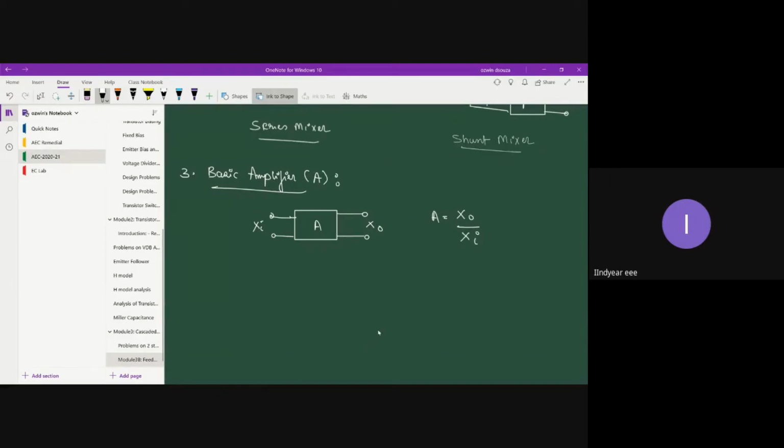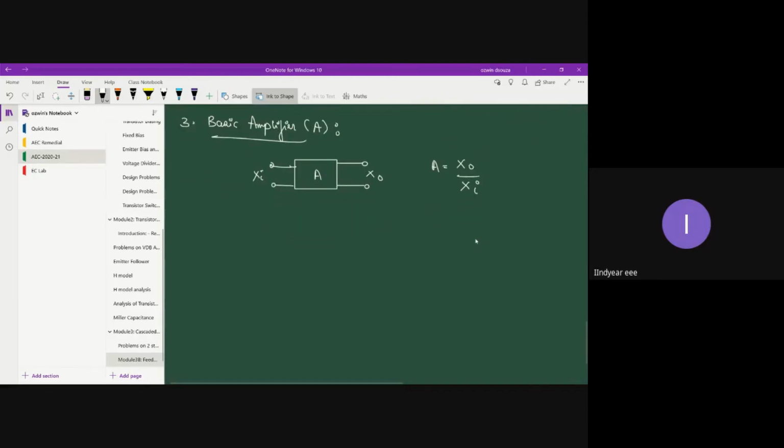X0 and Xi can be current signals or voltage signals, or a combination of the two. Accordingly, the amplifiers are categorized into four types.